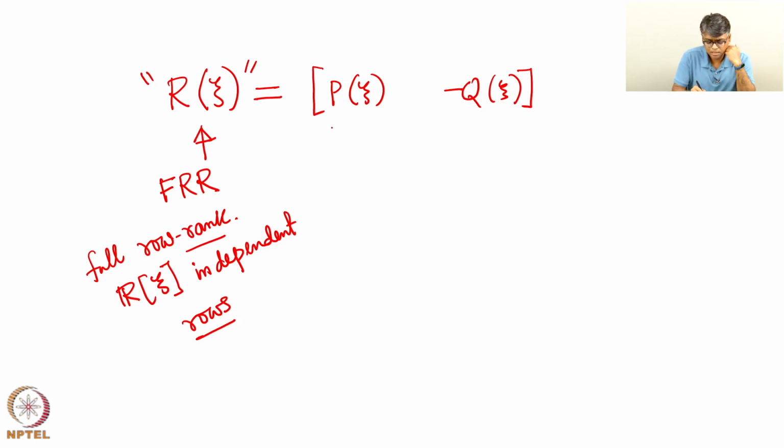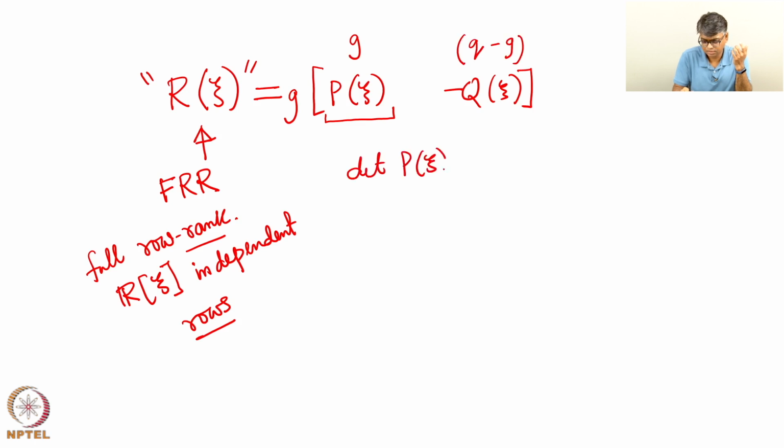And then we did the following, provided up to a permutation of the columns, which is the same as permuting the order of the manifest variables w1 up to wq, it is possible to obtain this partitioning of the matrix R(ξ) into a square part g cross g and a possibly non-square part with g rows and q minus g columns, such that determinant of P(ξ) is non-zero.